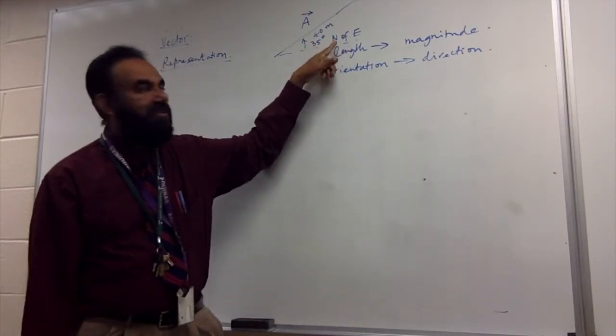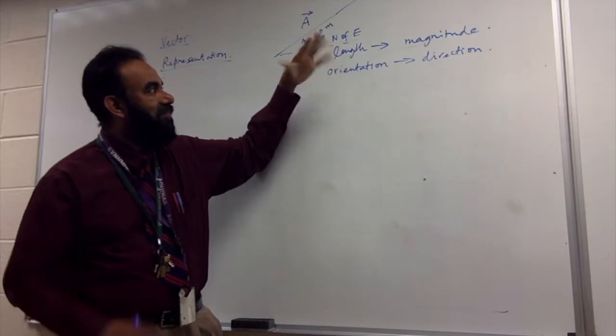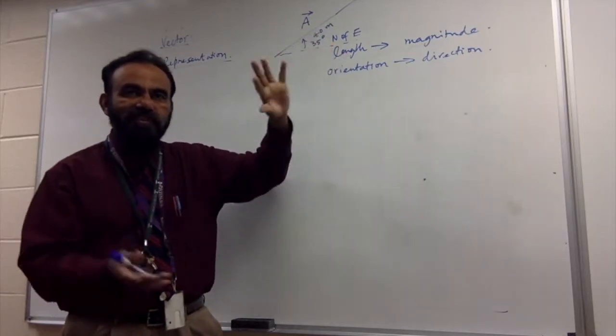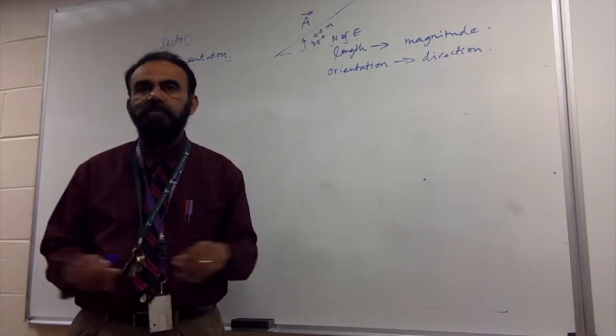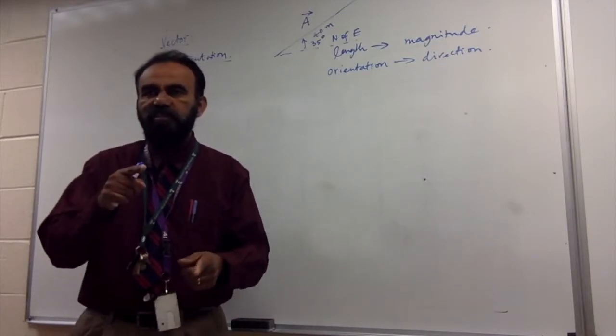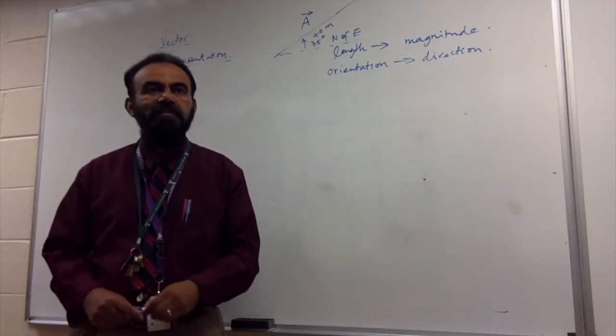Now, there's always a confusion. Students mistake east of north and north of east. How many of you are confused on that so far? It's a very common confusion. Writing north of east and east of north, they mistake them completely.